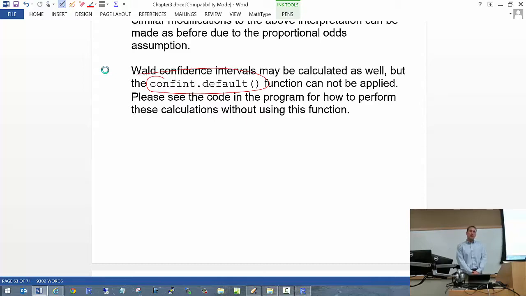Take note that you would need to do that for the more complicated cases where maybe you have an interaction in your model, and you know how complicated that can get. Here you're just going to have to go back to the hardcore equations and do it that way. That's why we took the time in Chapter 2 to do that kind of stuff, because you should be able to do it. It might be a little bit messy, but you should be able to do it in the end.